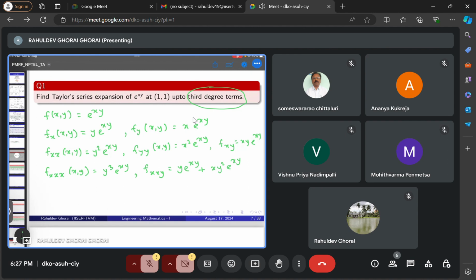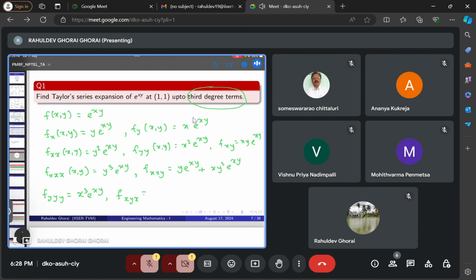Okay, so what we'll see, another derivative we need is f_y, that will be x cube times e to the power xy, and we might need this f_xyx. So f_xyx, you have this f_xy, and then take derivative.